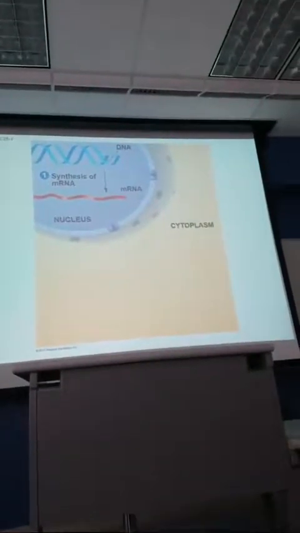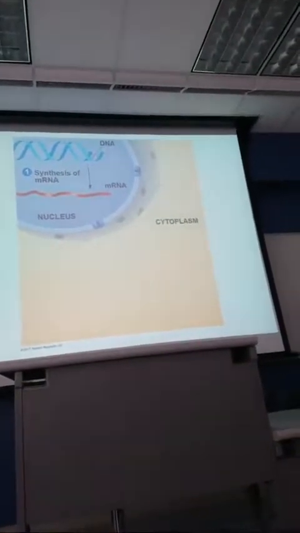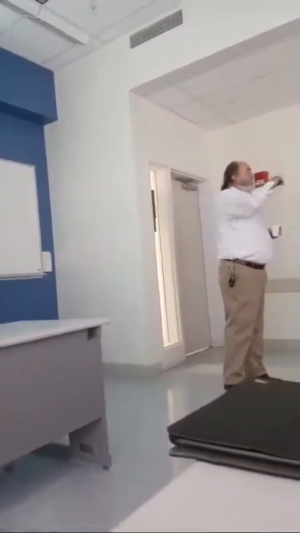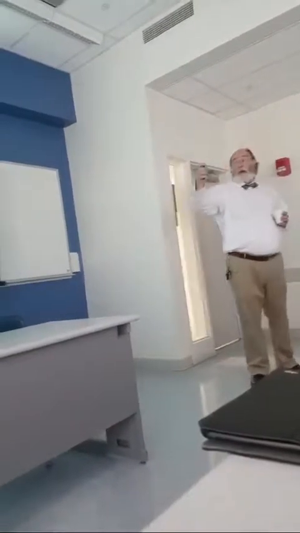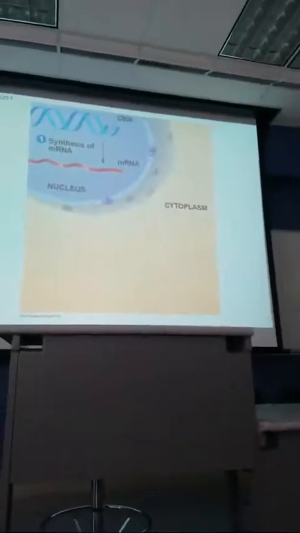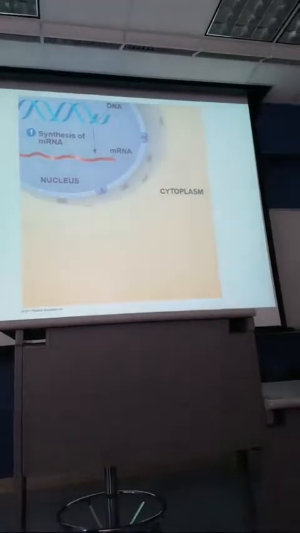This is the DNA, and let's say there is a gene on DNA that we need to make a protein for, insulin, for example. We need to copy the code. So enzymes will immediately go to work and start to copy that. They will make messenger RNA, which is going to be a copy of that gene.